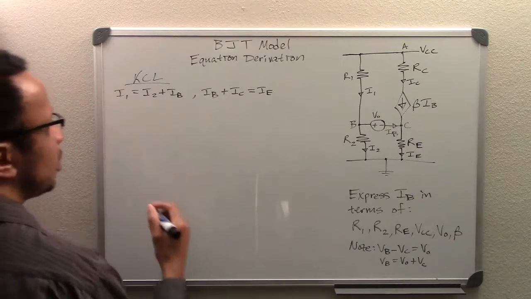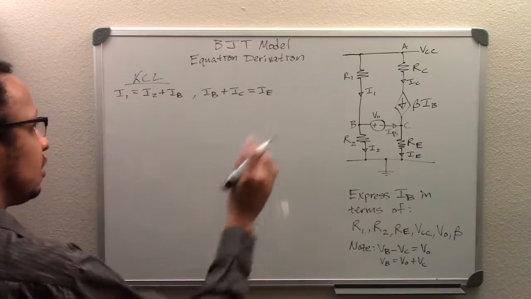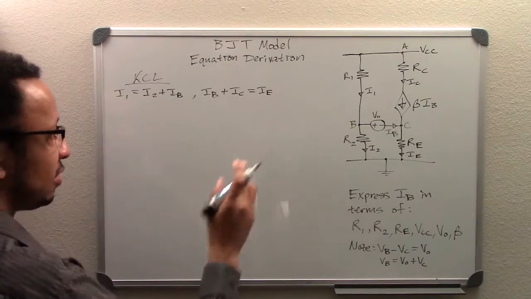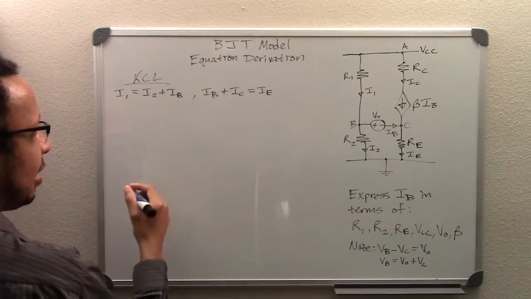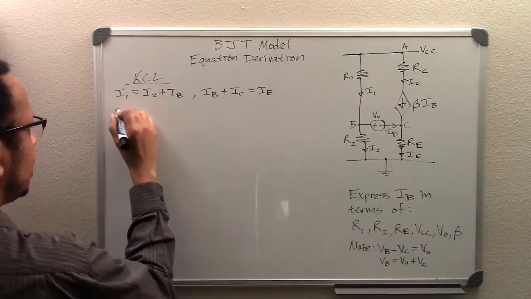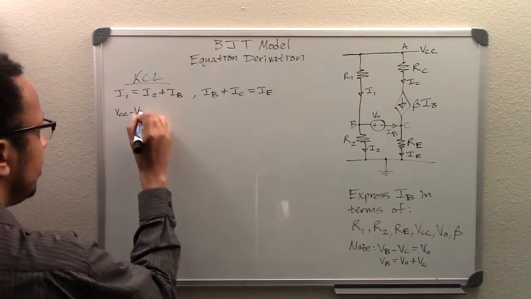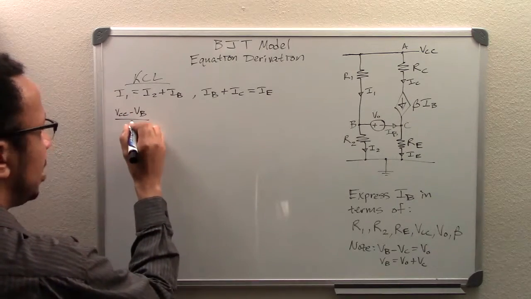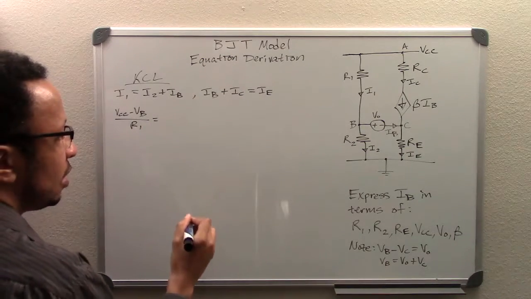Now, the next thing we're going to do is state these current relationships in terms of voltages and resistances. And so I1 is what? VCC minus VB divided by R1, and that's equal to I2. Well, what's I2?